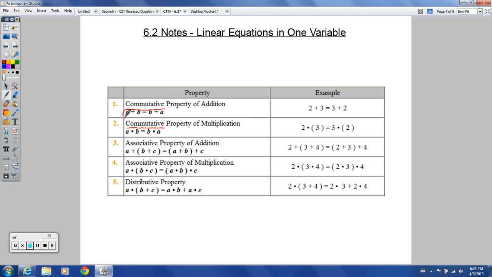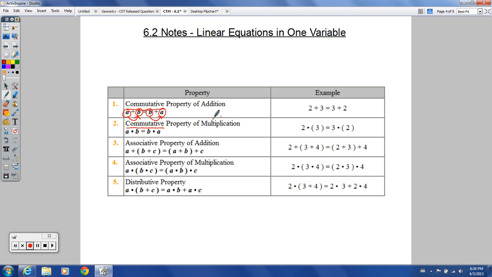Say A is my house and B is school for me, since I'm a teacher. I drive from A to B, from my house to my work, and then when I go back home, I drive from B to A. But the distance I've traveled is the same distance. I'm commuting from A to B and then back from B to A, but it's the same distance. If I add those two distances together, I would get the same thing.